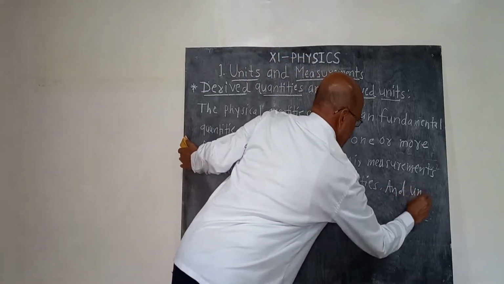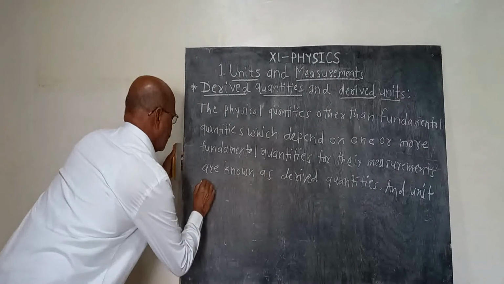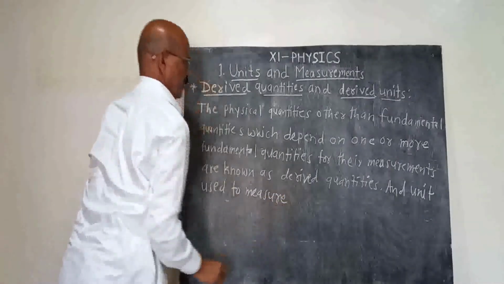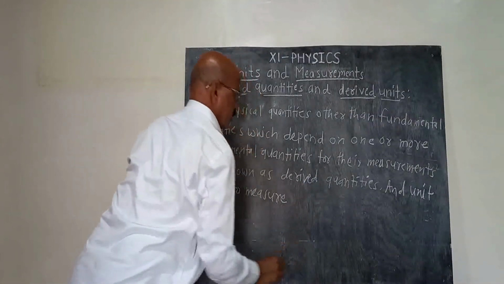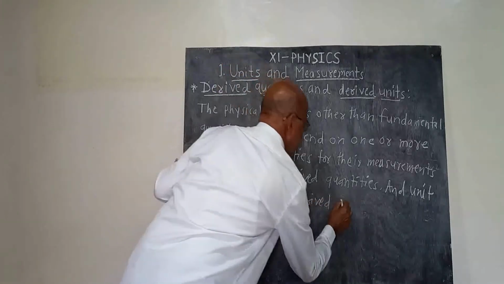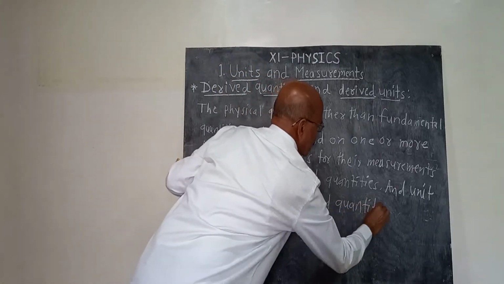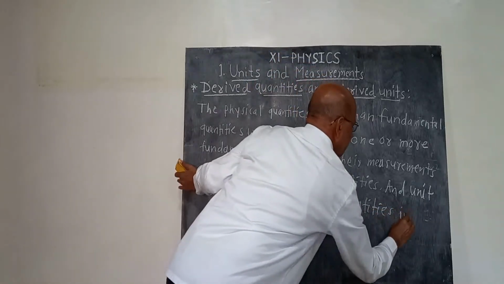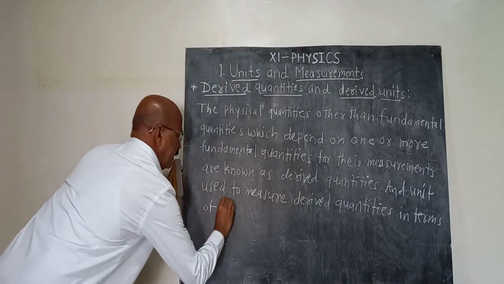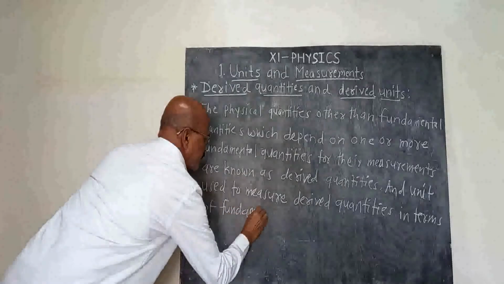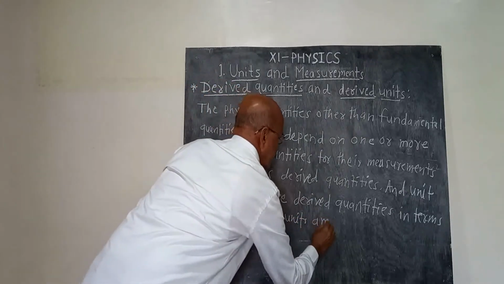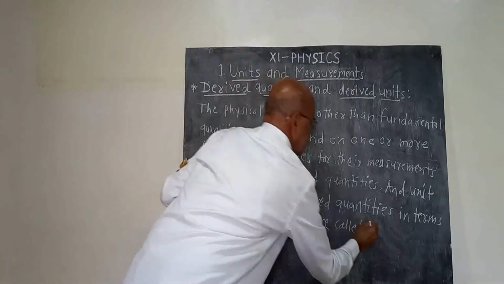And the unit used to measure derived quantities in terms of fundamental units are called derived units.